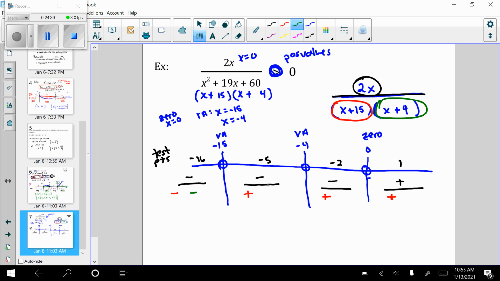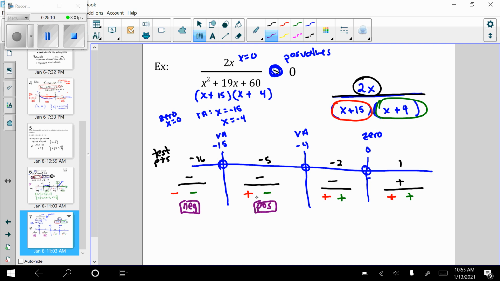Negative 5 plus 4 is negative. Negative 2 plus 4 is positive. 1 plus 4 is positive. And I can use my phenomenal mathematical abilities and my rules for positive and negative. This would be a negative over a positive, which would be negative. This would be a negative over a negative, which would be positive.